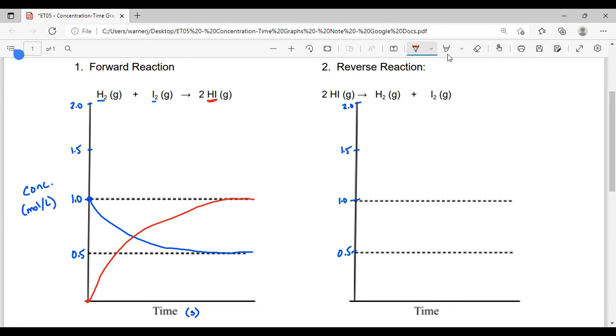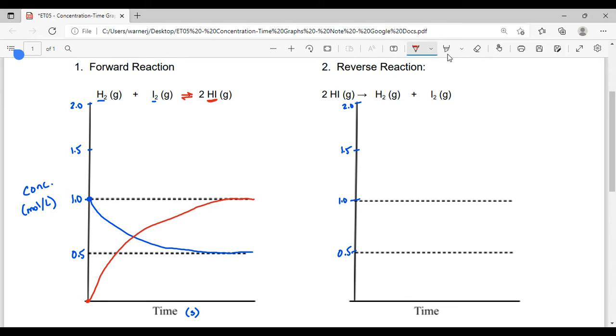Where it levels off, when these concentrations have leveled off and their slopes essentially become 0, we've reached the point of equilibrium, where we have that specific amount of product that's not changing, because remember, at equilibrium our forward reaction rate equals our reverse reaction rate. So let's consider it an equilibrium instead of one directional arrow. If we're going in the forward direction, this is what we would see.